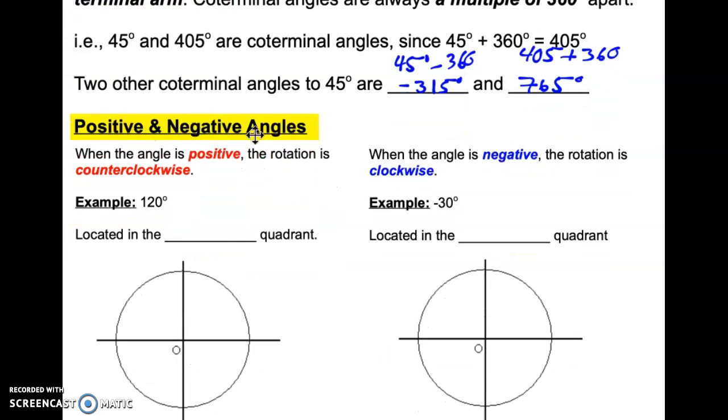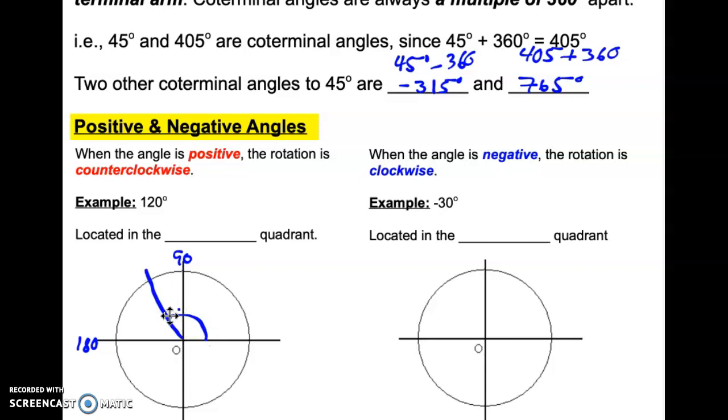Next, we have to deal with positive and negative angles. So positive angles are measured in the counterclockwise direction. So for example, 120, that is going to be in the second quadrant because the first quadrant ends at 90 and the second quadrant ends at 180, and 120 is between 180 and 90.